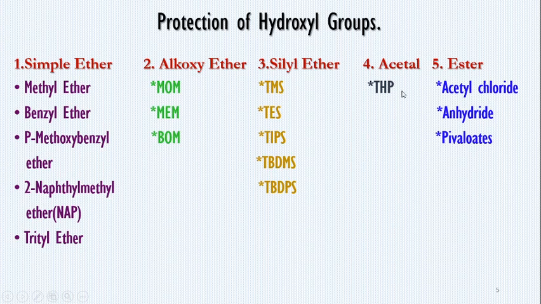In the case of acetal, this is the THP, that is tetrahydropyran, or the hydroxyl group is converted into an ester by means of acetyl chloride. By using acetyl chloride, the ROH group is converted into an ester, or it can be done with the help of anhydride or pivaloates.